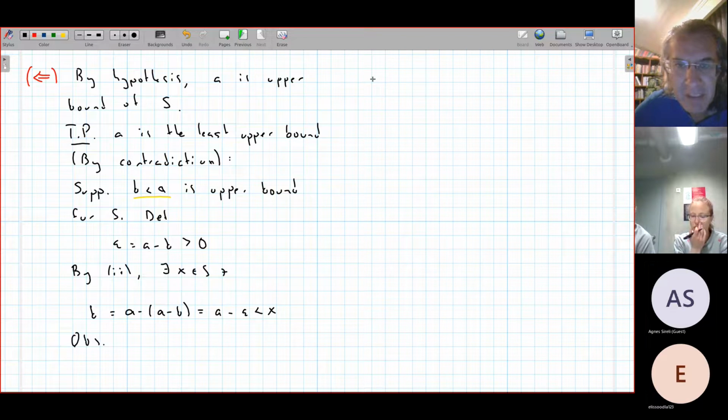Well, you have that B is less than x according to this inequality.